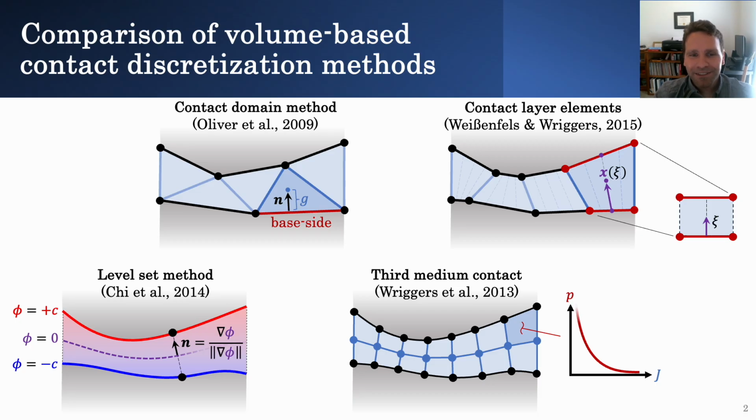And this was an interesting idea that supposed that you could define a gap function that measures the apparent separation between points on different surfaces, not in terms of just discrete values of that gap function measuring the distance between those two surfaces only, but instead, this contact domain method supposed that the gap function could be defined in a continuous fashion over the entire intermediate domain.